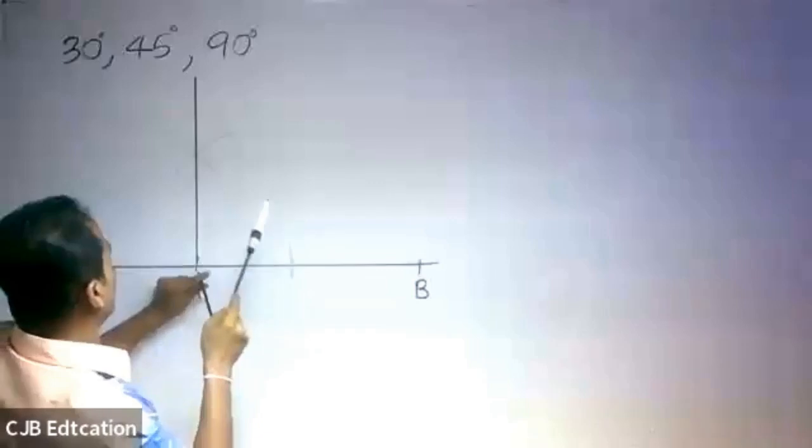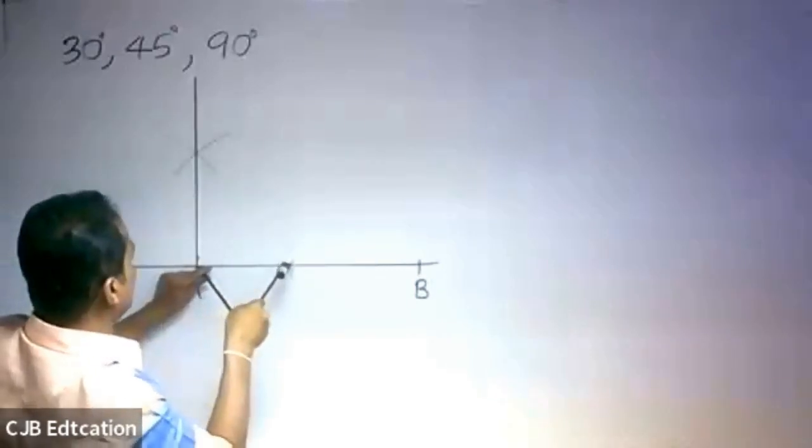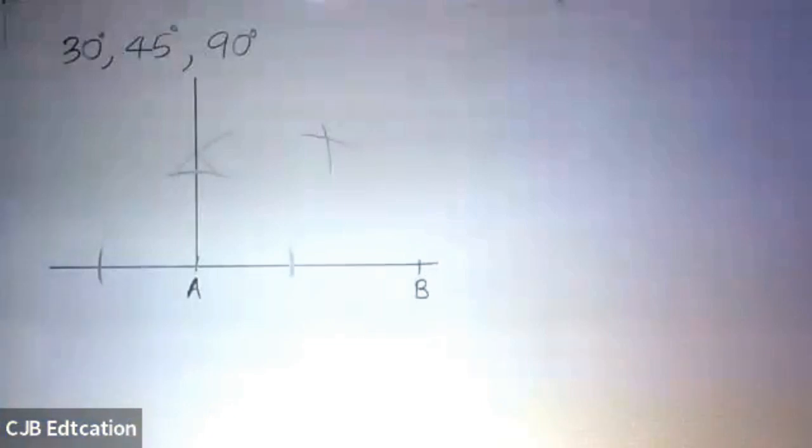Yes, sir. Right. So then after that, if we want to take a 45-degree angle, we can bisect this angle, then it becomes two 45-degree angles. Is that clear? Yes, sir. And we can take two arcs on the straight line and then bisect this angle for the 45 degrees.